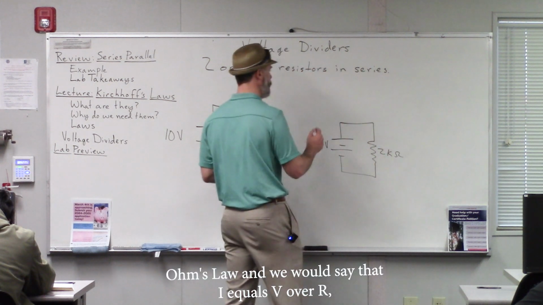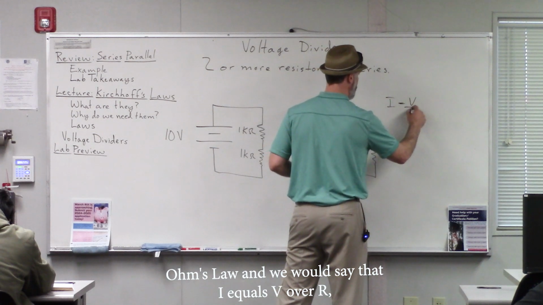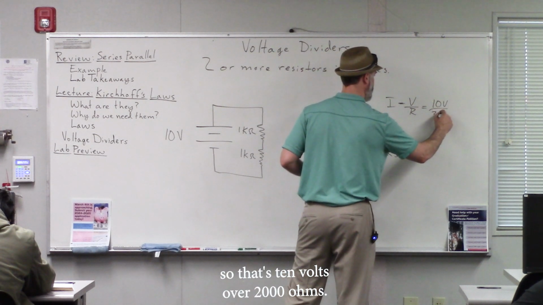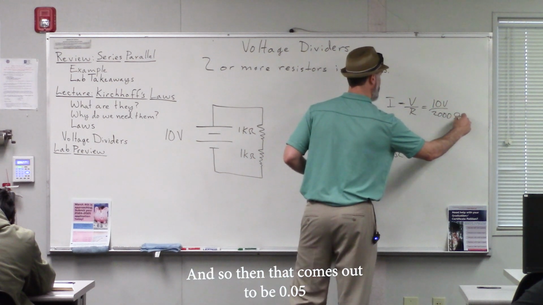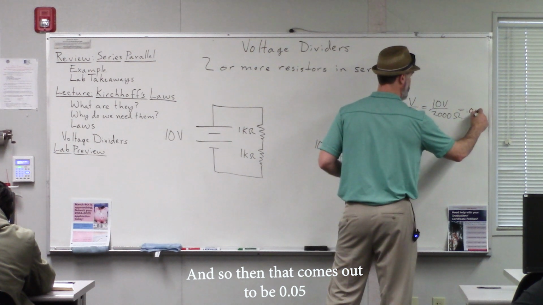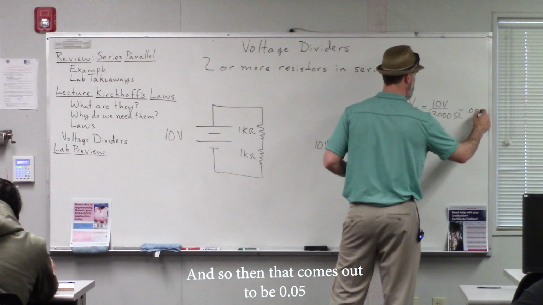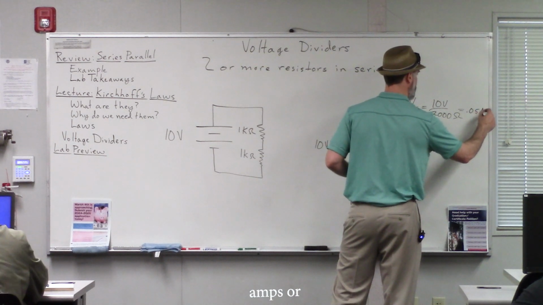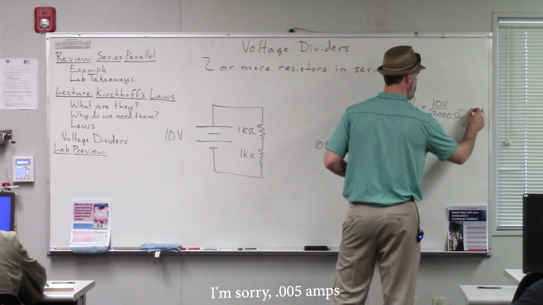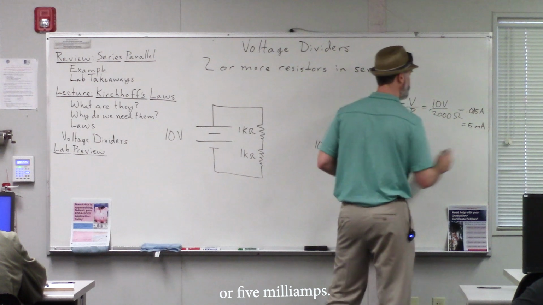So then we could do Ohm's law, and we would say that I equals V over R. So that's 10 volts over 2,000 ohms. And so then that comes out to be 0.05 amps, or I'm sorry, 0.005 amps, or 5 milliamps.